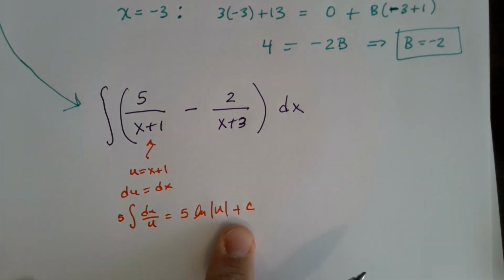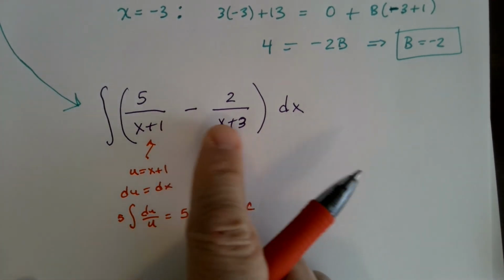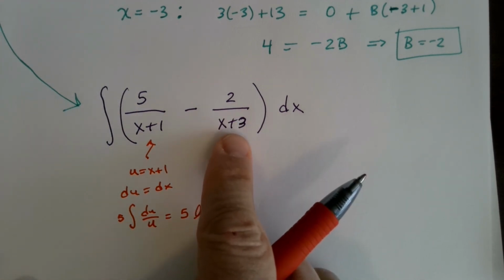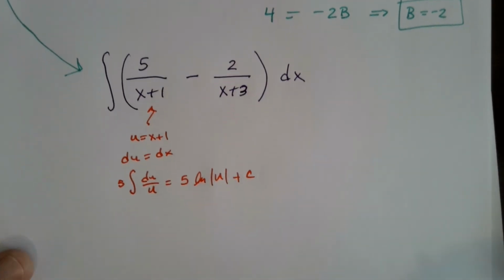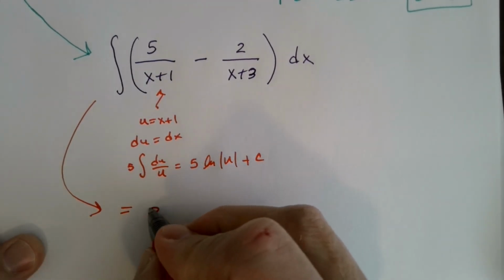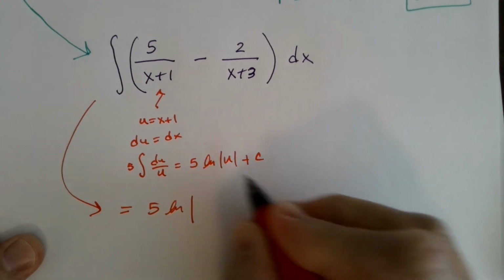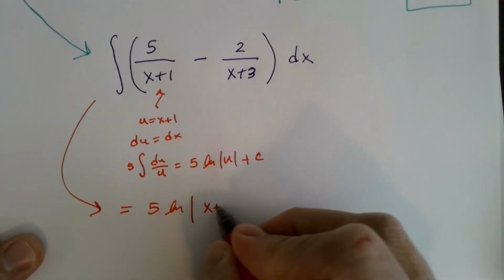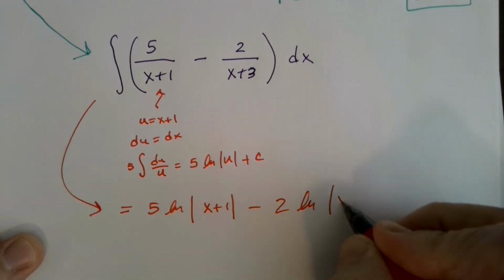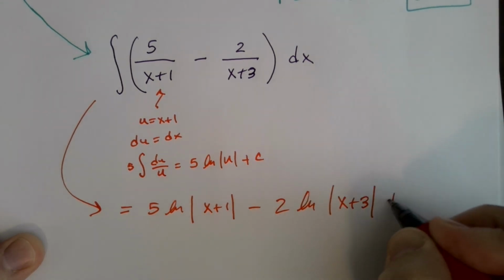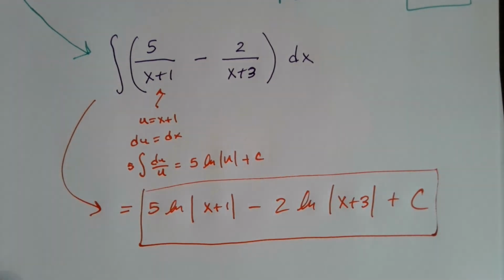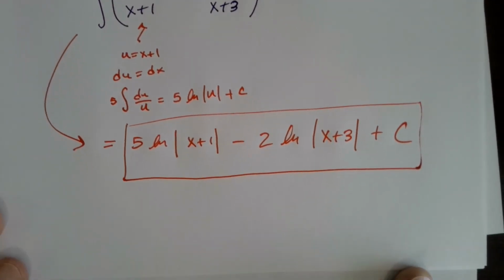And this one's going to be -2 times the natural log of u, where u is x plus 3. So this is very simple substitution. In other words, this becomes 5 times the natural log absolute value of x plus 1, minus 2 natural log absolute value of x plus 3, plus our c. There's the antiderivative.